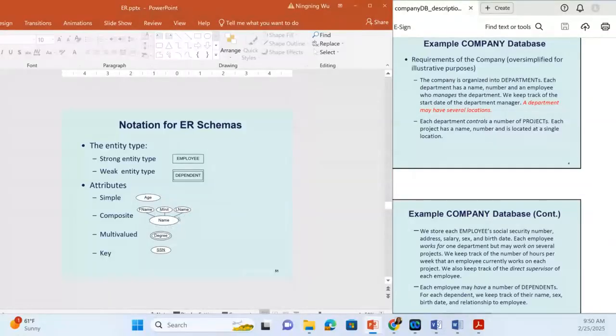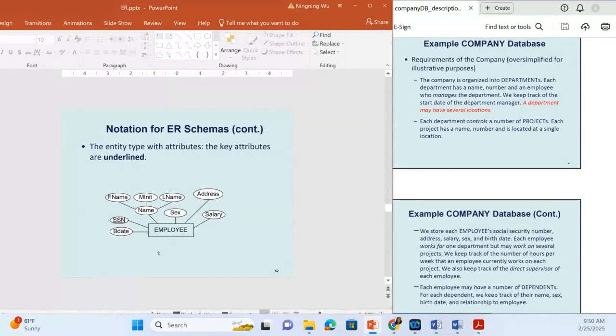We always connect an attribute directly to the entity type. But the components of a composite attribute only connect to their corresponding attribute. Then for the key, we underline the primary key for each entity type.